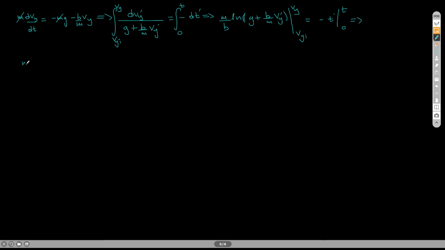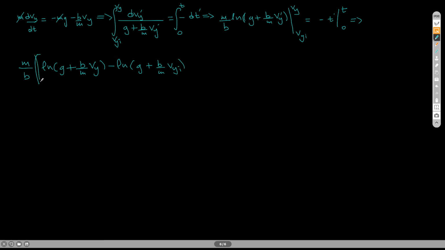Alright, I continue to have m over b, open parentheses, ln of g plus b over m vy minus ln of g plus b over m vy initial.